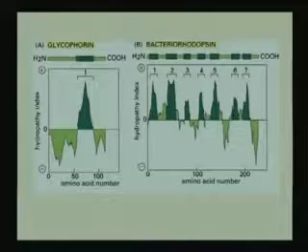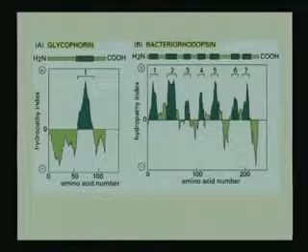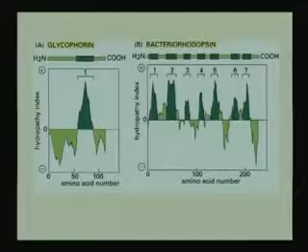First of all, we learned from a helical wheel, from just the sequence: if I know the sequence is going to form a helix, then I can say which part of the helix is going to be inside and which is going to be outside.